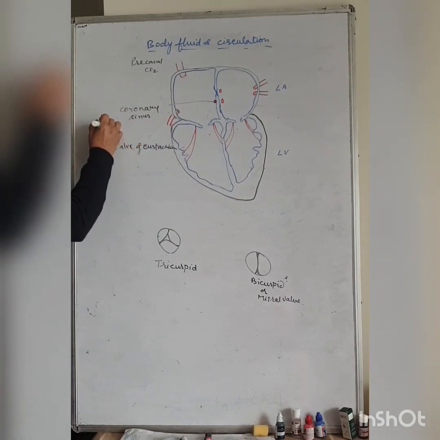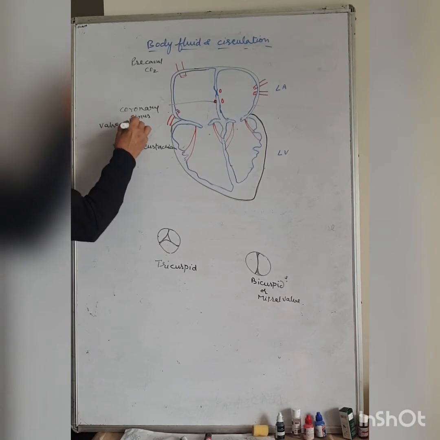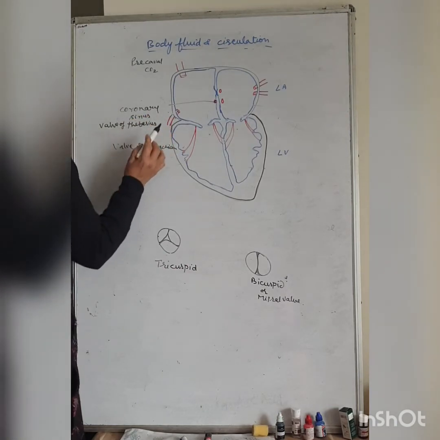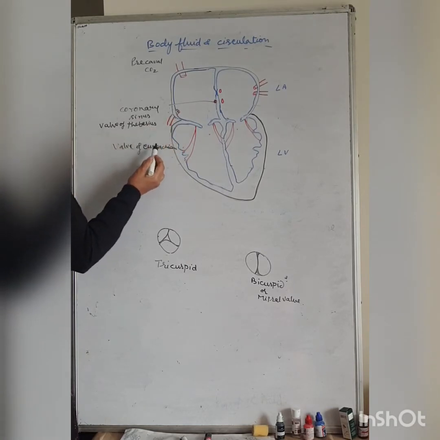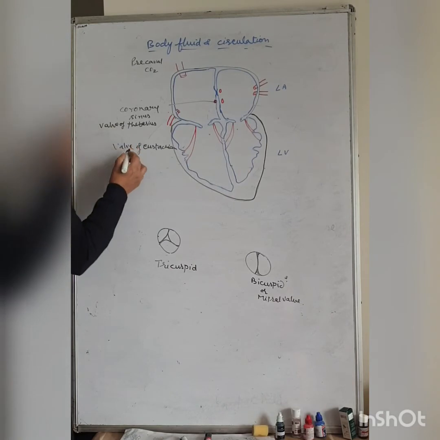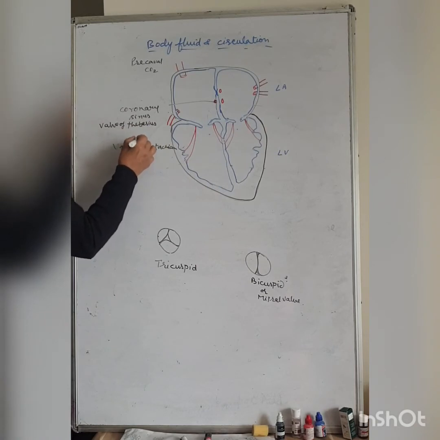This valve is the valve of Thebesius. The coronary sinus has the valve of Thebesius, and the valve of Eustachian is present at the opening of the inferior vena cava, or the postcaval.